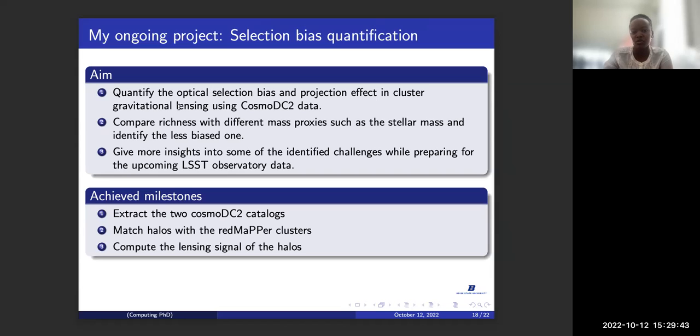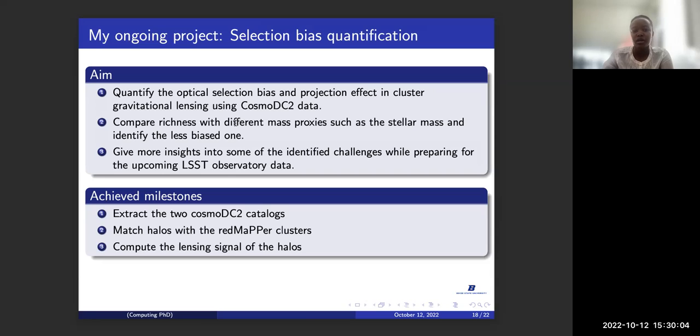in cluster gravitational lensing. I'm using simulated data, and I will be comparing the richness across the different mass proxies. In this case, what they have been using as a mass proxy is the richness.